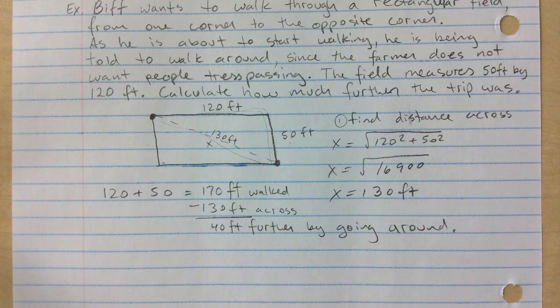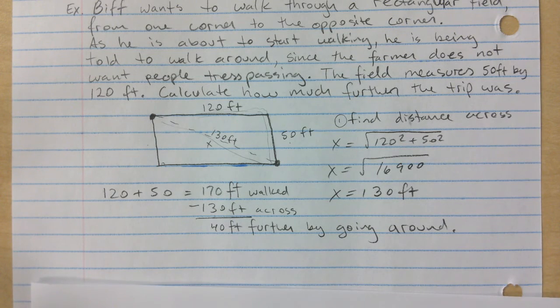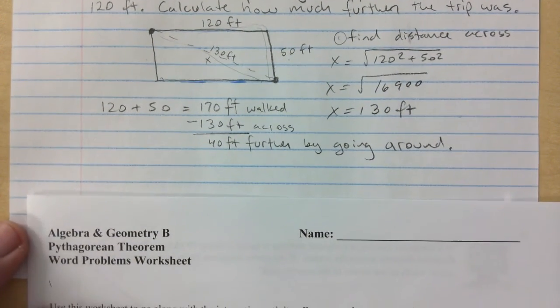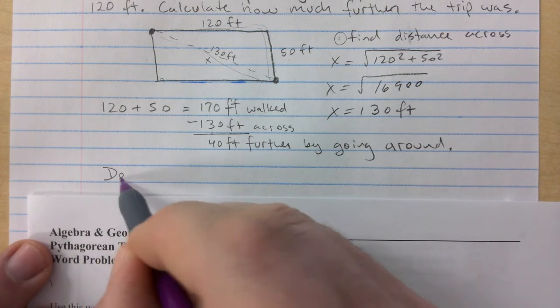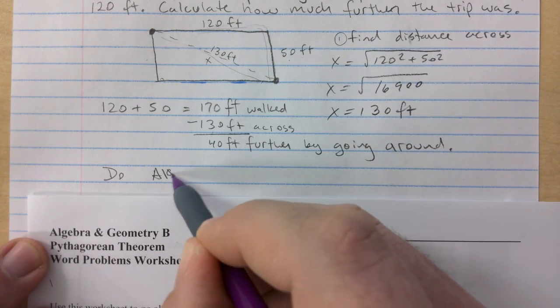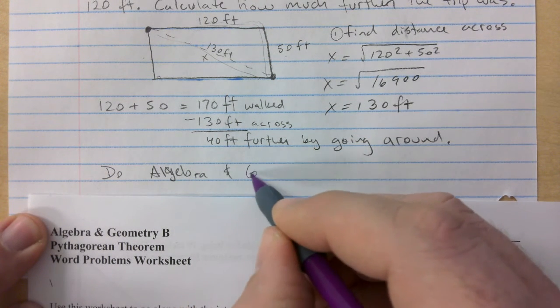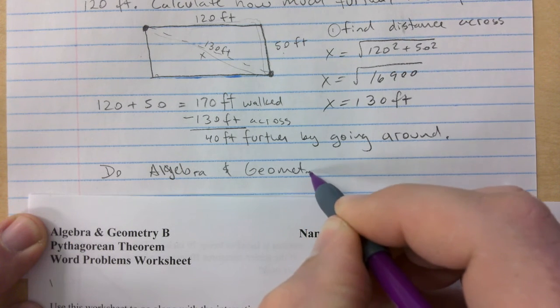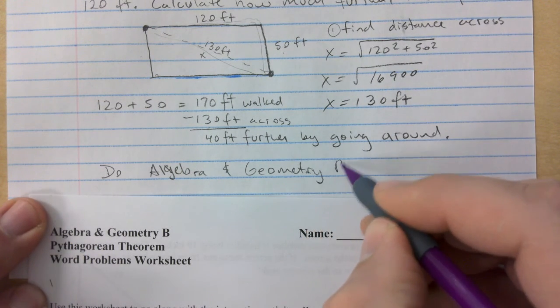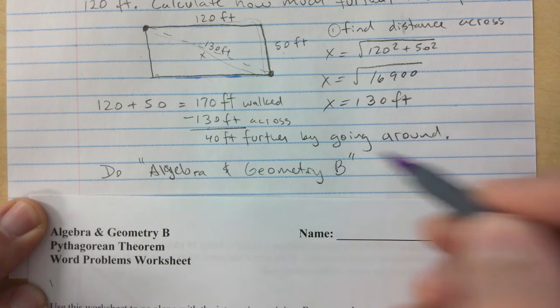Now, I'm going to get you started already today. So I want you to find the Algebra and Geometry B worksheet. So I know you won't get it all done today.